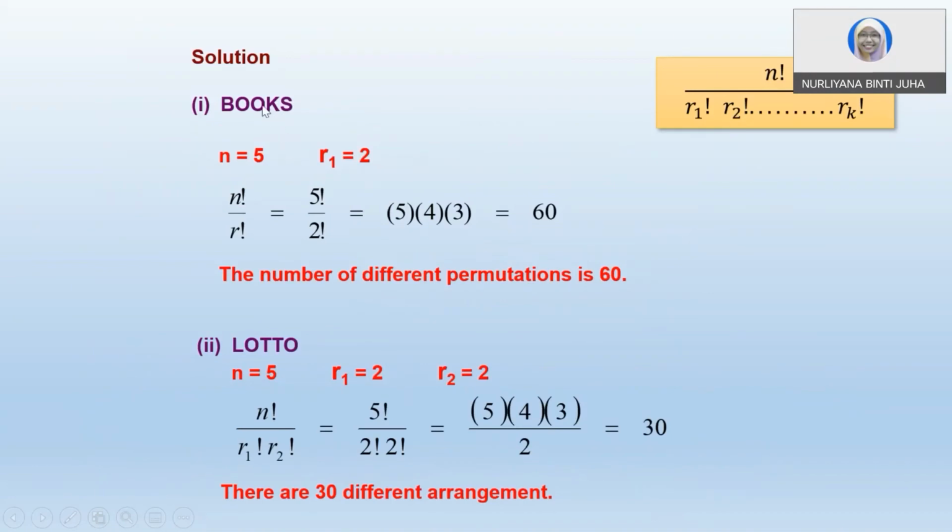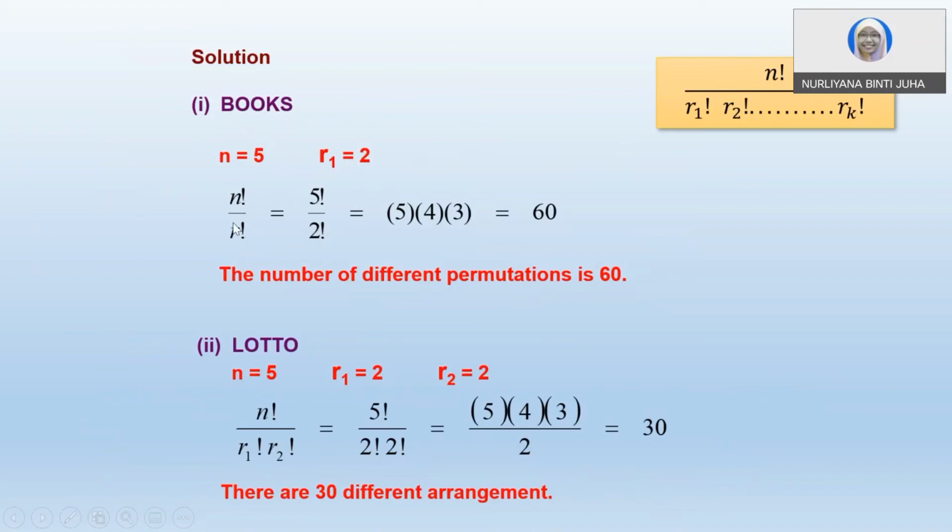So for books, we have n. Our n is 5. 1, 2, 3, 4, 5. N is 5. And the one that repeated is only this one. R1 equal to 2. Ada dua benda yang berulang. Okay. So 2. So we use the formula just now. This is the formula. N factorial over R factorial.